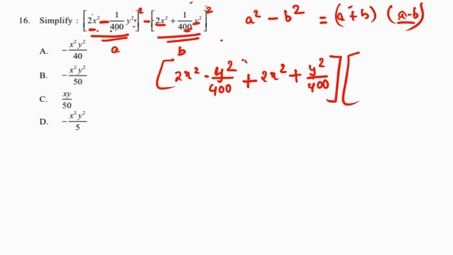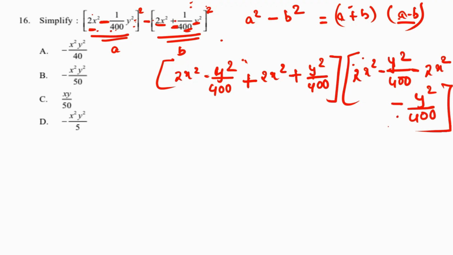Multiply to a minus b, now you need to do. So a, the first term is 2x square minus 1 by 400 y square, minus of b, which is 2x square, and minus plus is again a minus y square by 400.